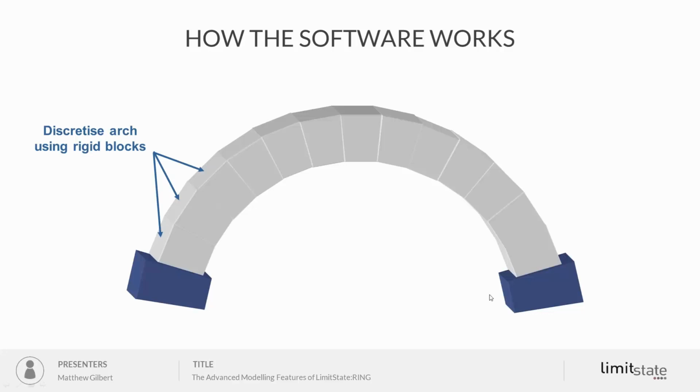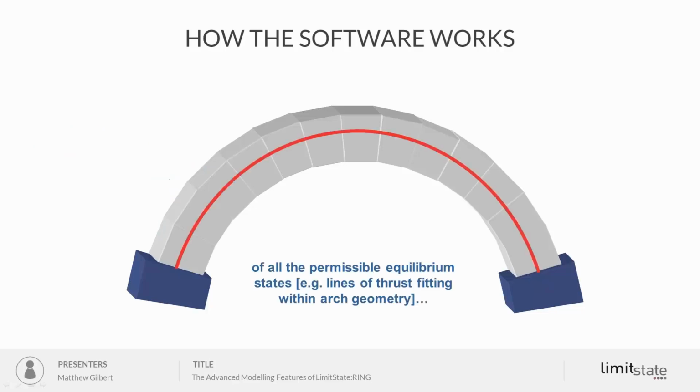If we go right back to a very simple scenario, a single ring voussoir arch with a number of masonry units or voussoirs spanning between abutments, what we do is we discretize that arch into those voussoirs or rigid blocks.